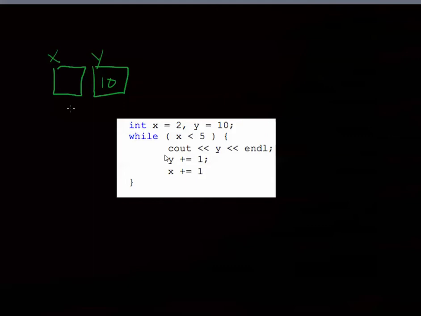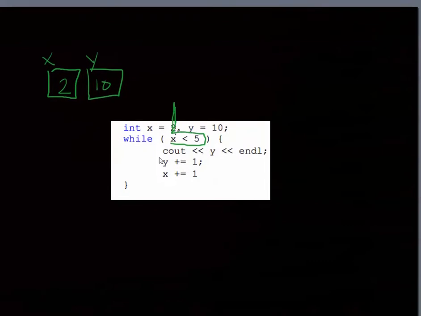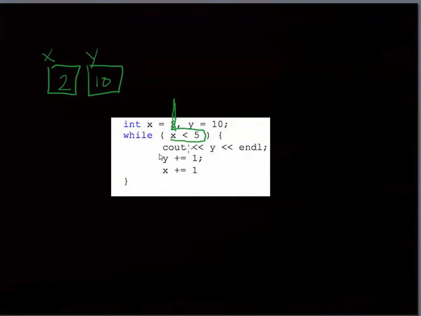Initialize things a little bit differently. We've got x less than 5. Certainly x is 2, so we're okay with that. We're going to have our cout of y. We're going to print out 10. Y plus equals 1. X plus equals 1.